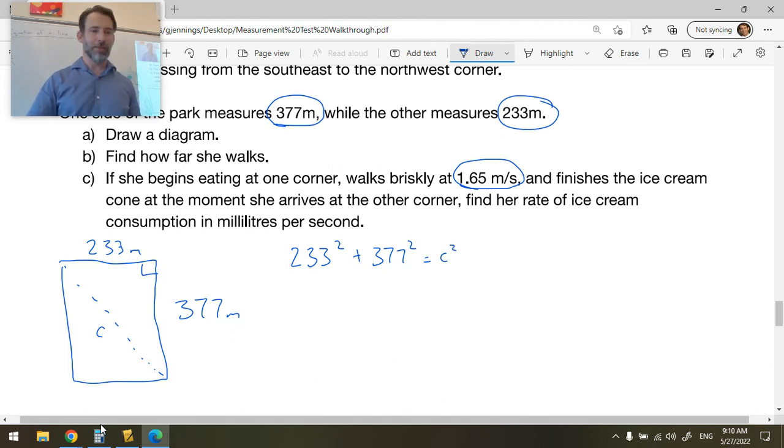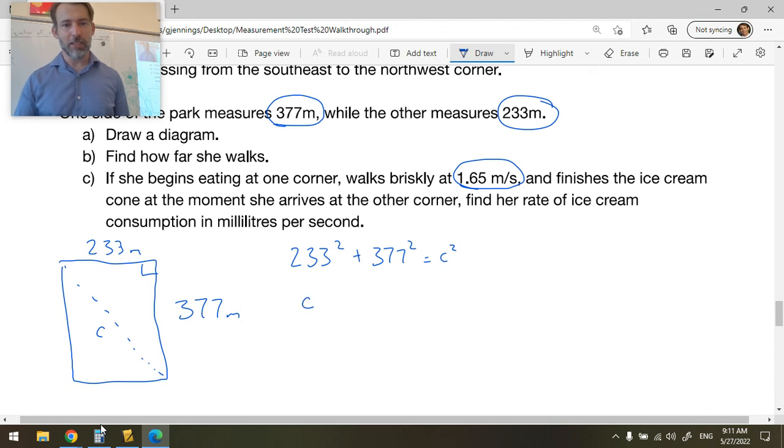Start with a guess. I think going diagonally across that park should be more than 377 meters, but less than 610 meters. So probably like 450. And then you work it out and you find that it's 443.